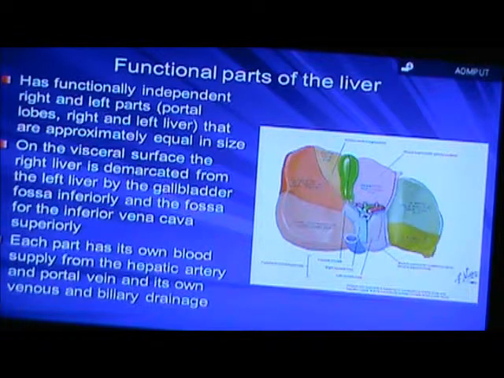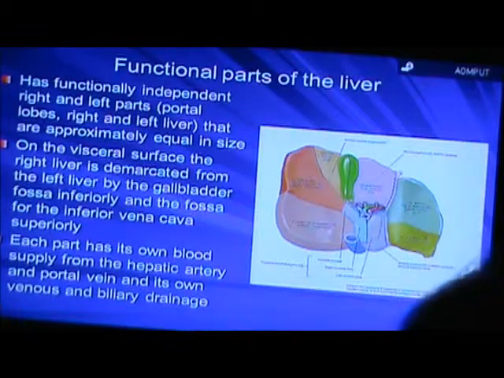The functional parts of the liver have functionally independent right and left parts. So the portal lobes, the right and left liver, are approximately equal in size.